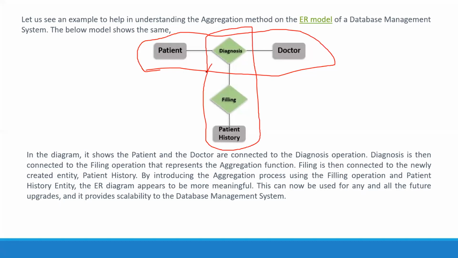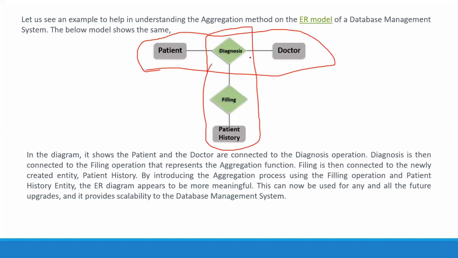So here the doctor diagnoses the patient based on filing the data or filling the history. He wants to know about the patient, what the problem is and which tablets were taken previously. That history he writes on his prescription slip, and then he will write a medicine. So directly he will not diagnose.